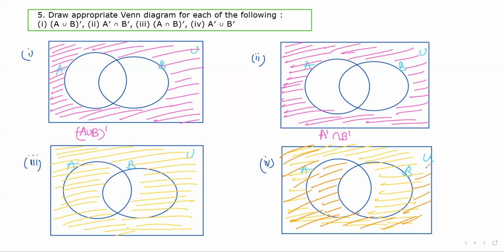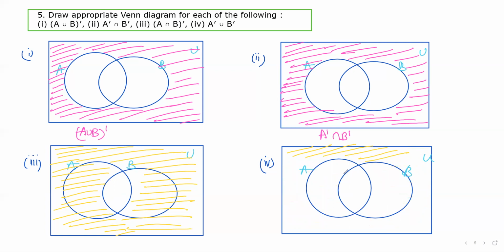Again, by observation, what would be union of this? Anything which you can see shaded in this particular figure would be considered as union. So let's draw it by a single color. Outside region plus this region, B's part, plus this region.